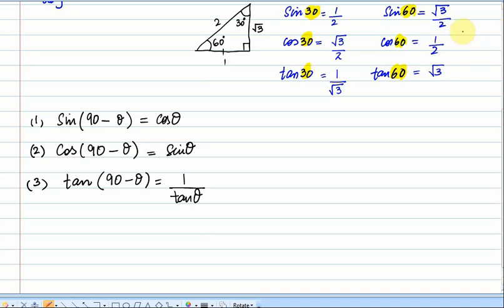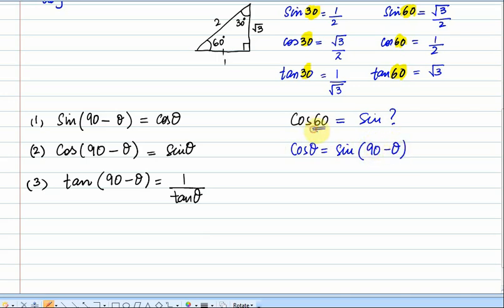And how do you apply them? Let's suppose I say cos 60, and I need to know that cos 60 is equal to how much of sine, right? So I will apply the identity that cos theta is equal to sine 90 minus theta.